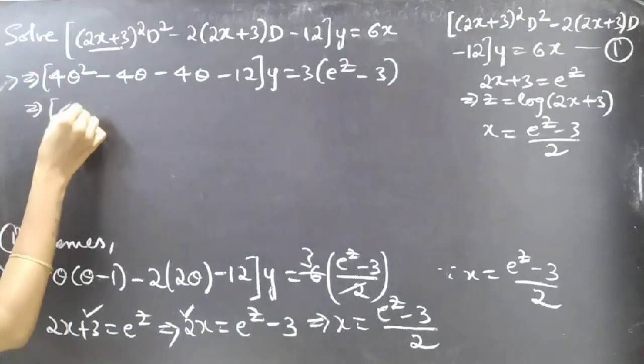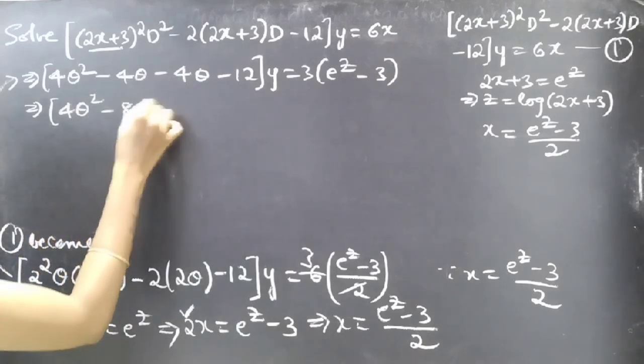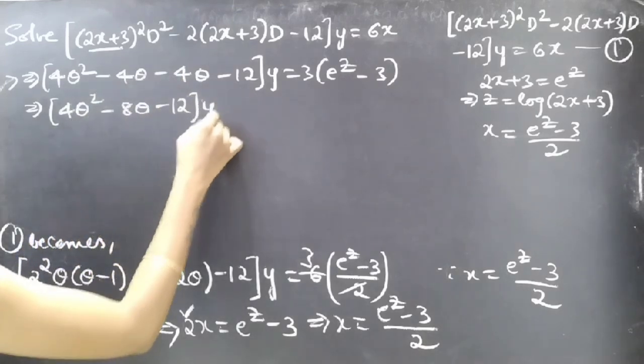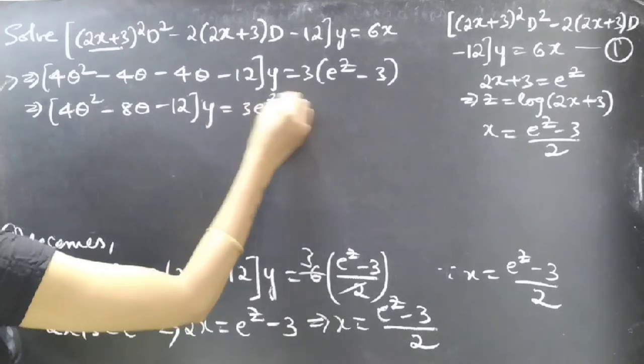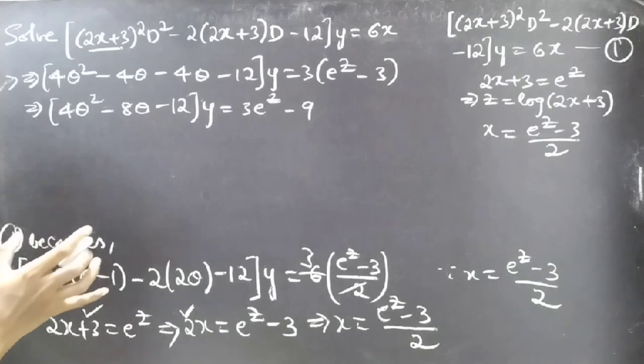This gives us 4 theta² − 4 theta − 4 theta is −8 theta, minus 12y equal to 3e^z − 9.